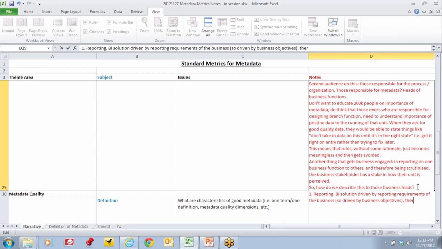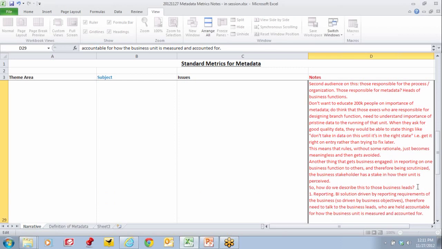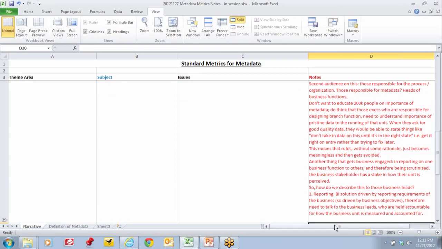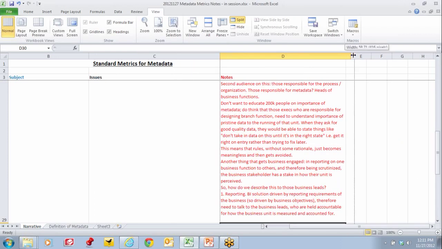Another scenario I think that gets business leaders engaged in metadata is in large organizations where you have the business at large or other areas of the business reporting on their business function in the context of other business functions and analyzing it, and there's a real stake they have that the data is correct because they're being scrutinized and being compared, and maybe even their budget is associated with it.